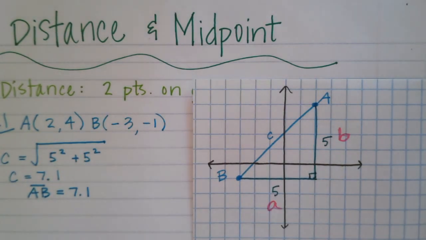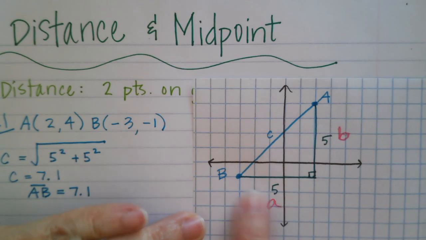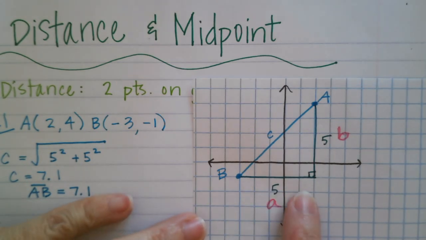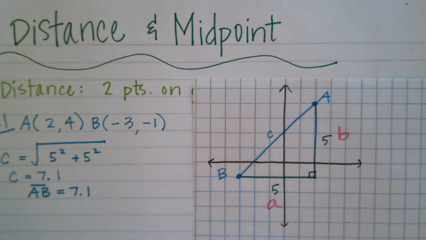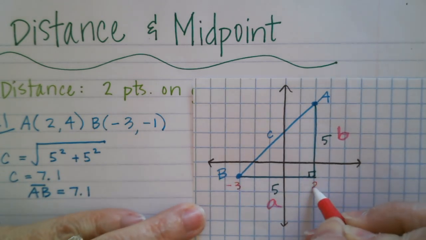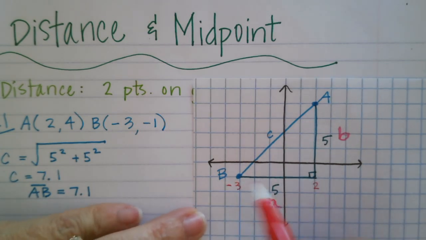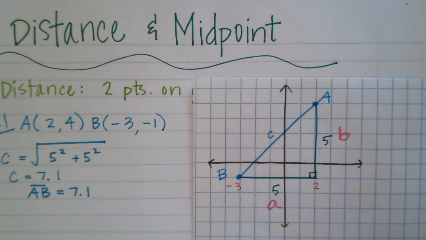A is going to be the distance between my two x's. I'm going from -3 to +2 on the x-axis. If I subtract those two numbers, I get 5.